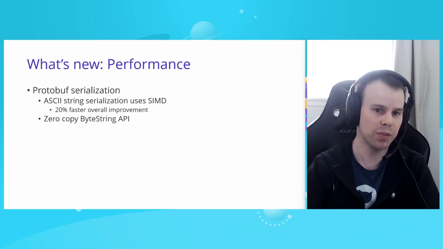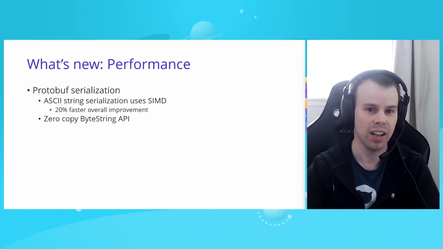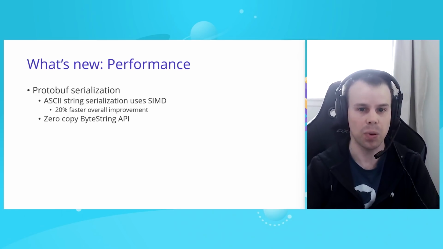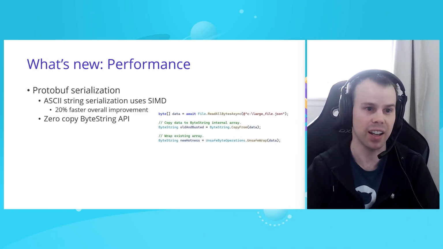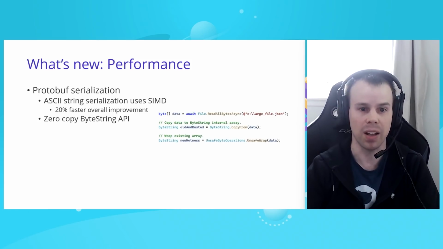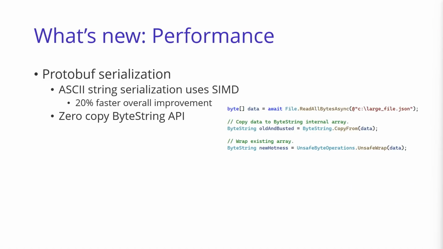Another common use of gRPC is sending and receiving raw bytes using this type called byte string. So previously, when you were creating a byte string in your application, it always took a copy. So it always allocated a new array and took a copy. And it did that because byte string, by design, was meant to be immutable, so it takes a defensive copy.